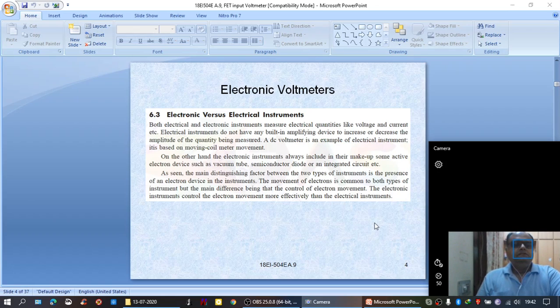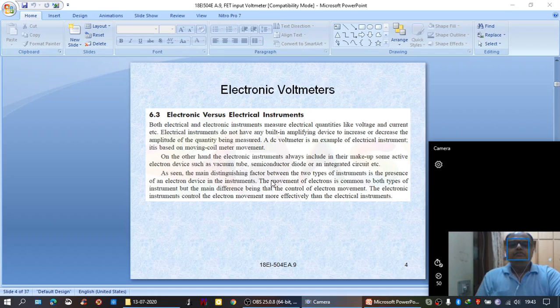That is, using electronic instruments, we can measure very low voltages, and we can also measure very high voltages without damaging the basic PMMC movement used. All additional circuitry is incorporated in an electronic instrument.